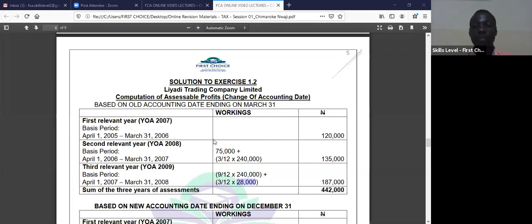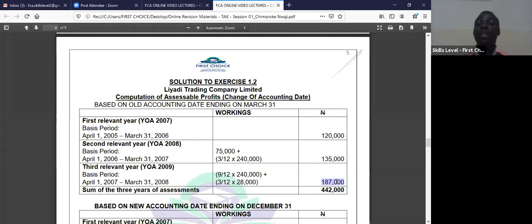That will give me 180. You store it. Then you come again, 3 divided by 12 times 28,000. That will give you 7,000. 7,000 plus 180. That's going to give you 187. So that's how we got this 187.